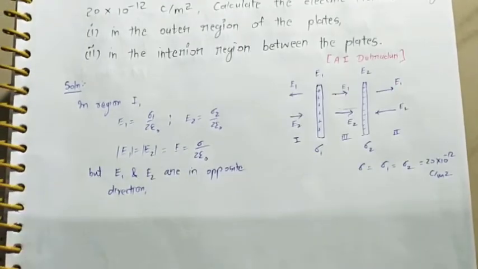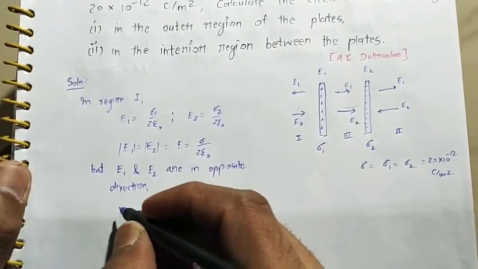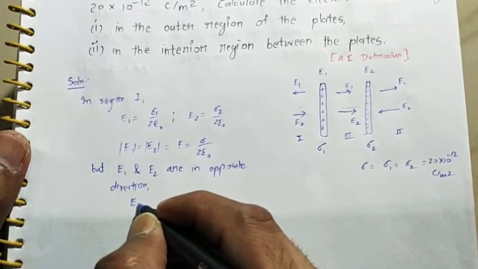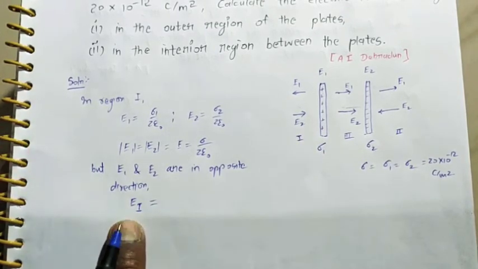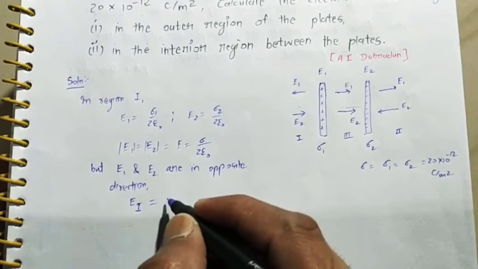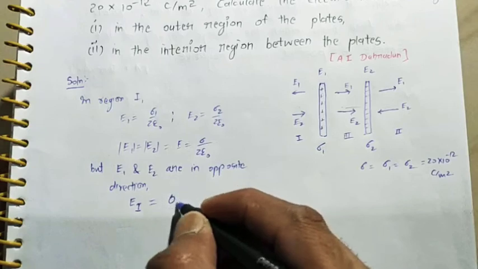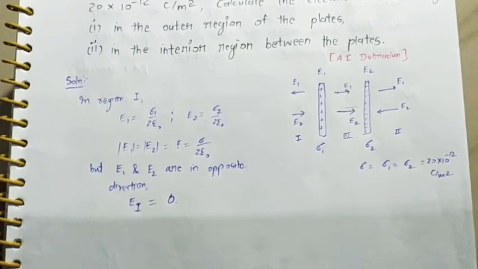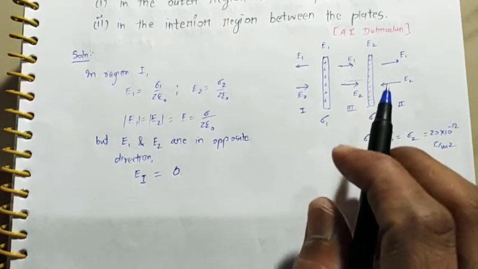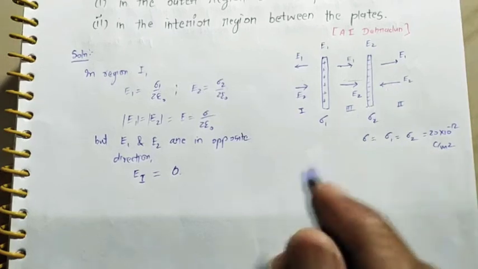So the resultant, I have named it E1, in the first region will be E1 in one direction and E2 in the opposite direction. Both are the same, so this will be 0 in the first region. Similarly for the second region also, E1 and E2 are in opposite directions, both have equal magnitude.